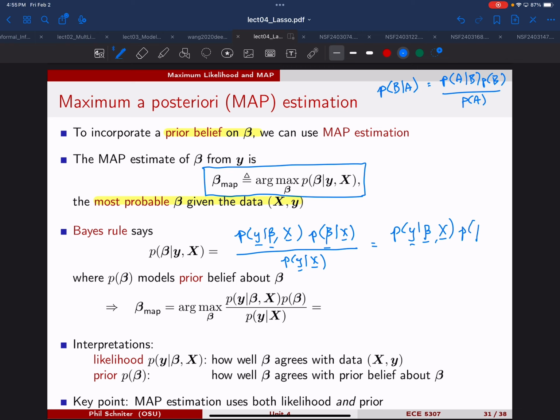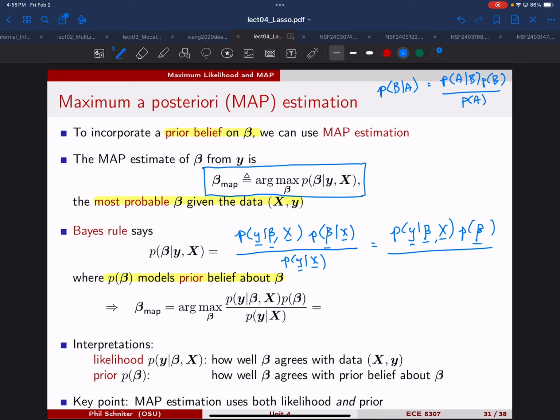It's just the probability of beta. This is going to be our belief about beta. We're going to say beta is a random vector and it's generated by this distribution. And so we have to come up with some choice of what that distribution is, or someone gives us a hint as to what that is.